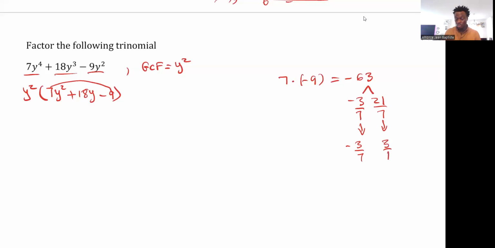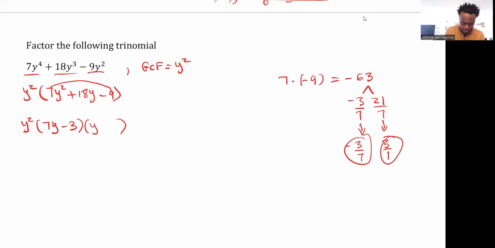That's going to be the coefficient of the variable in this factor. So y squared on the outside, open my parentheses. For the first factor, 7 is the coefficient of y, and then -3. And for the second one, 1y, and then +3. So that's the factored form of this expression.